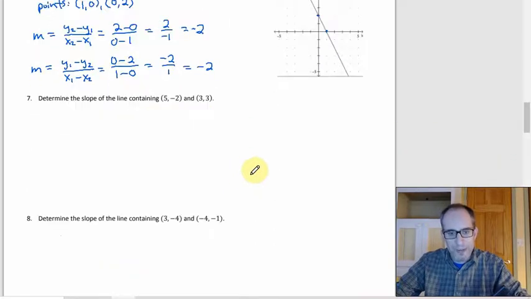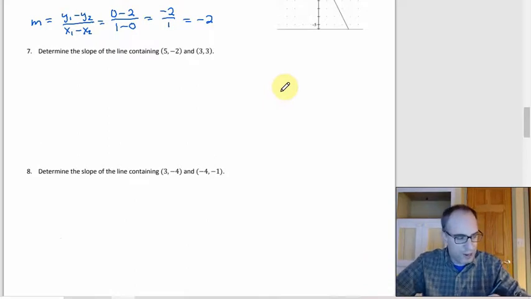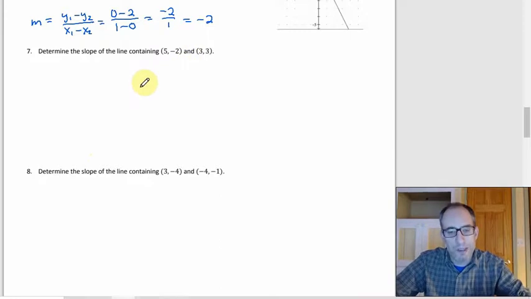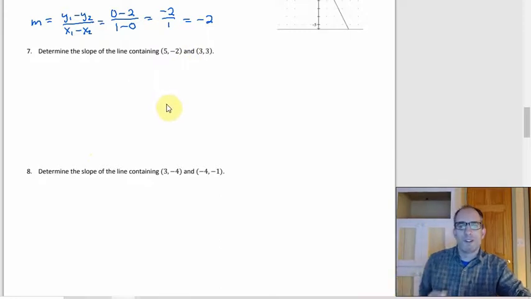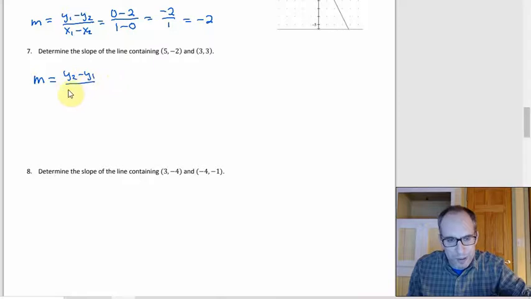All right, next we want the slope of the line containing the points (5, negative 2) and (3, 3). So I guess, again, I'm going to think of the first point as being x1, y1, so the (5, negative 2), and then the (3, 3) as being x2, y2. But the way that I would conventionally do it is y2 minus y1 over x2 minus x1. And if we do that, we're going to have 3 minus negative 2 on top, and then on the bottom 3 minus 5.